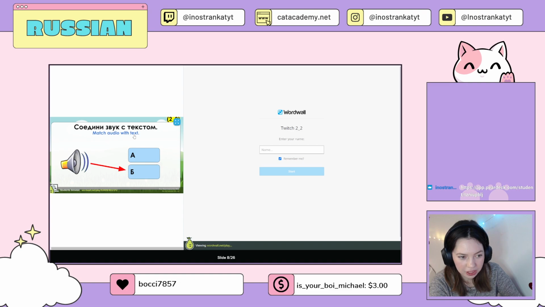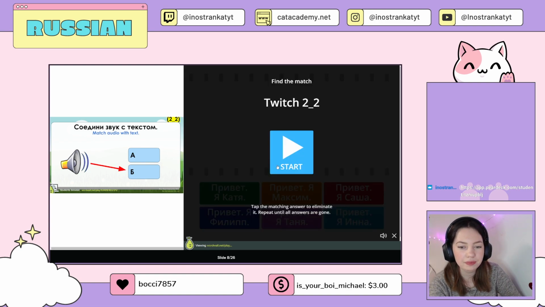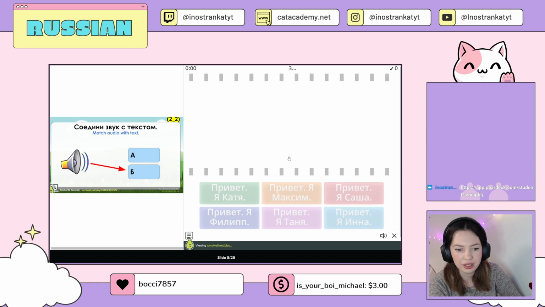If you look at the words text and текстом, you can see that basically it's about the same. Just in the Russian one, we also have the ending. So let's write our name. My name, я Inna. This is my name. So we're going to listen to some sentences that we learned, like hi, I am, and the name.